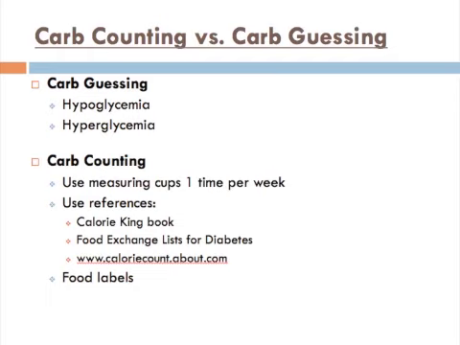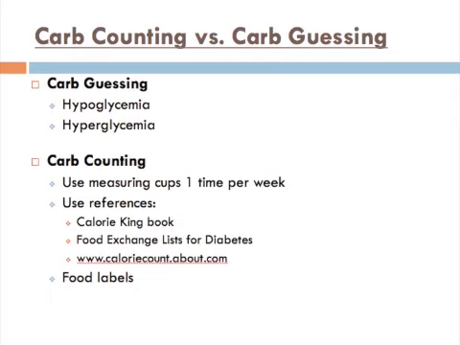And then use references. The Calorie King book is a go-to book for people who count carbohydrates, and it's a great book. It's got restaurants in it and every food you could buy at the grocery store. Calorie King also has a smartphone app that my patients really like to use. I've heard better things about that than about any other carb counting app I've recommended to people.